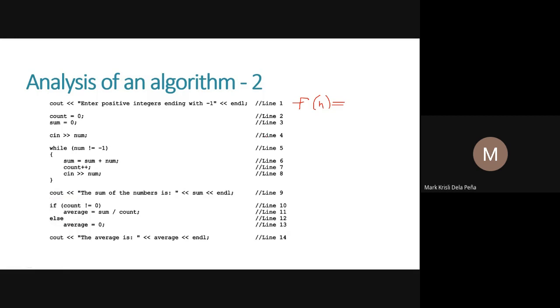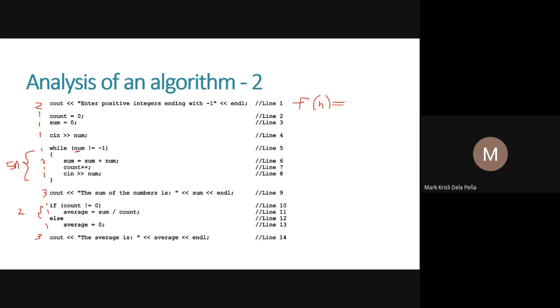We have here two operations. 1, 1, 1, 1, 2, 1, 1. But there are n, we don't know n, so that would be 5n. And here we have 3, 1, 1, then 1. So we'll use this 2. Then we have 3 here.